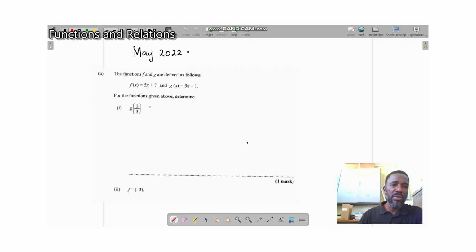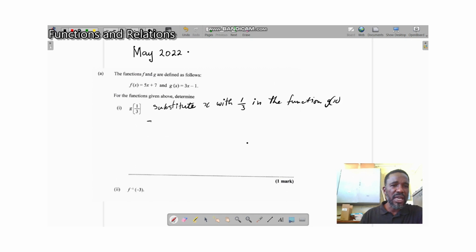So g of 1/3, what we are going to do here is substitute x with 1/3 in the function g of x. What that means is that everywhere I see x in g, I'm going to replace it with 1/3.